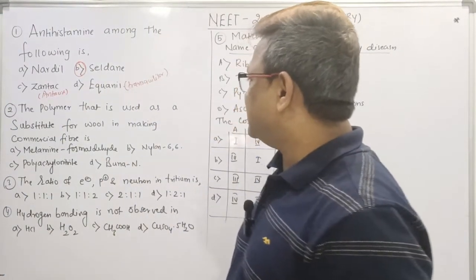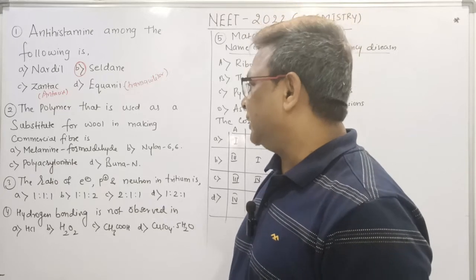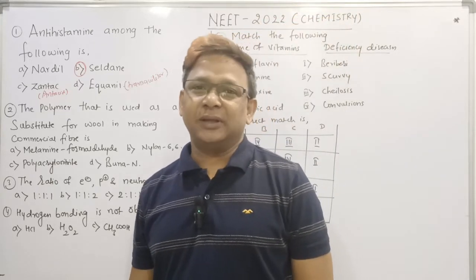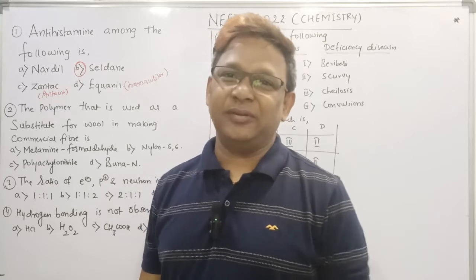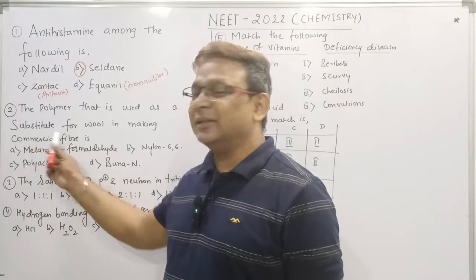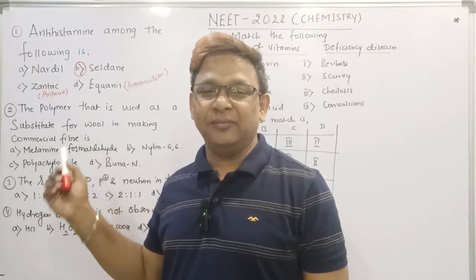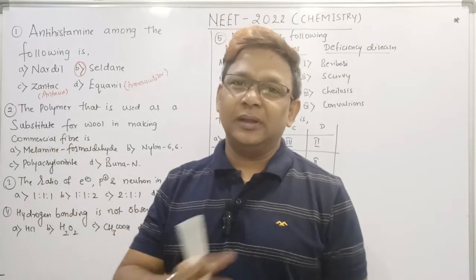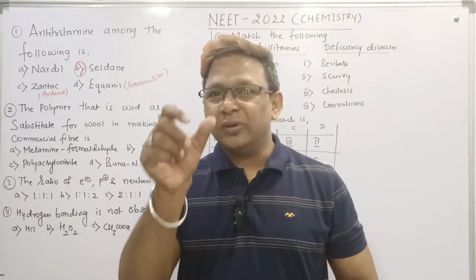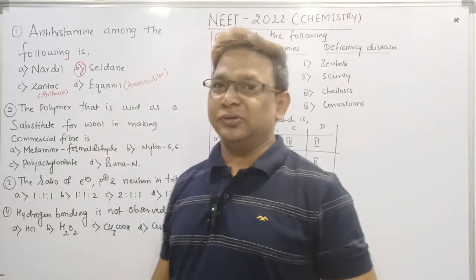The polymer that is used as a substitute for wool in making commercial fiber. Every time I used to say, please refer to the NCERT. And now also I will say better, you can see this is a statement given in the NCERT. If you open the NCERT, in the polymer chapter, the last part has a table. In that table they gave monomers, polymers and all the uses of it.